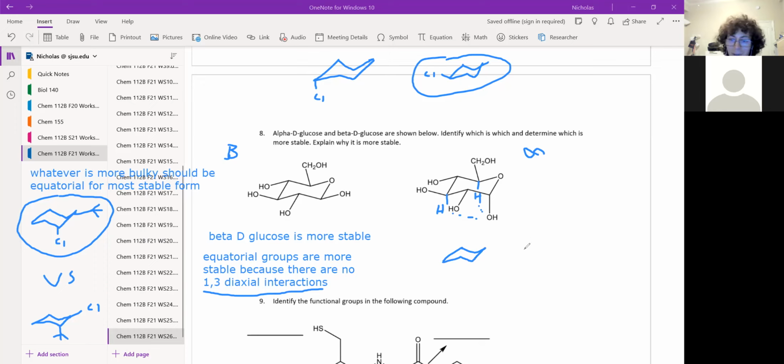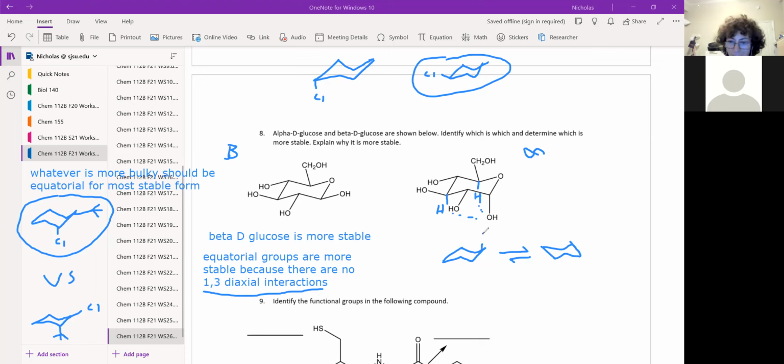So this is how I normally draw it. And if you're gonna draw a ring flip, I would try to draw it like this. Whatever was axial becomes equatorial, and if it was equatorial, it becomes axial. And yeah, you're supposed to draw them going clockwise.